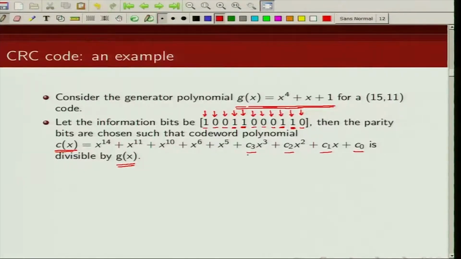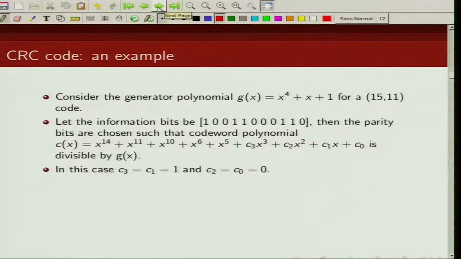Now I need to choose C3, C2, C1, C0 in such a way that this code polynomial c of x is divisible by g of x, the generator polynomial for this CRC code. In this case, we can verify that if we choose C3 and C1 to be 1 and C2 and C0 to be 0, then this code polynomial is divisible by g of x.